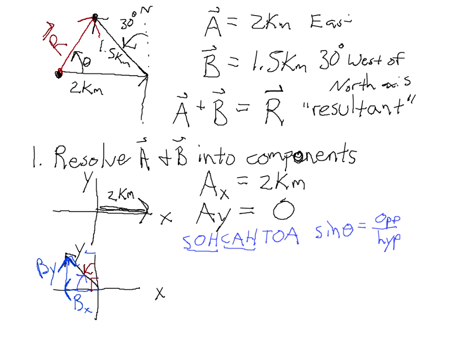Cosine of an angle is adjacent over hypotenuse. And then tangent of the angle is opposite over adjacent.